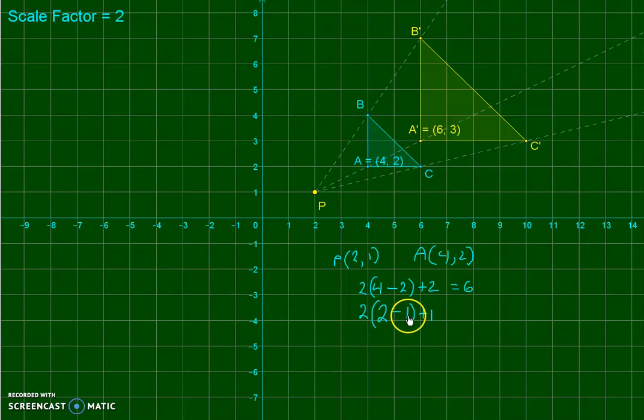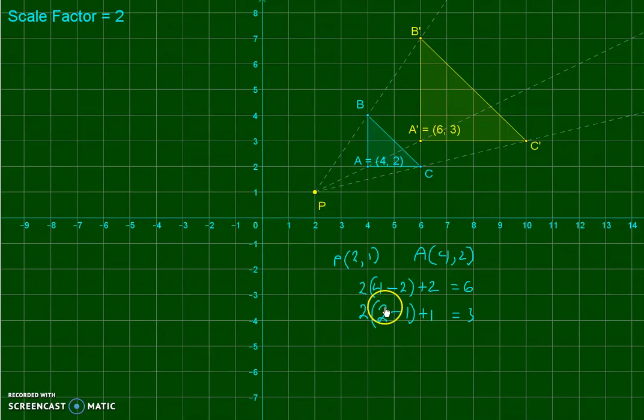So 2 minus 1 is 1. 1 times 2 is 2. 2 plus 1 gives us 3. And that gives us the 3. So we have 6, 3, which is the new dilated point. And that is how you dilate with respect to a center of dilation that is not the origin.